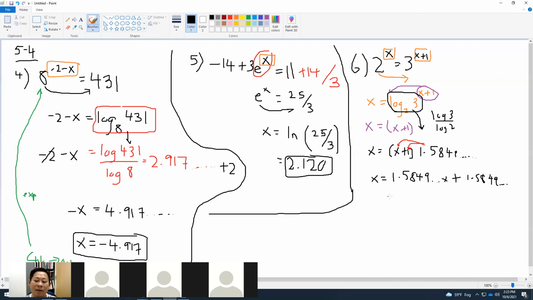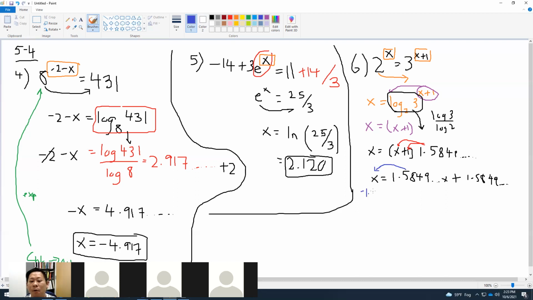Does anyone know how to solve this kind of equation? There are 2 x's here, so how do we solve it? You can take away 1x, but usually I move it over here so that your number is over there.